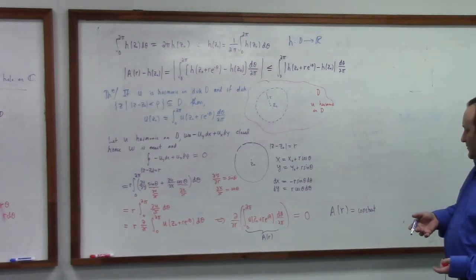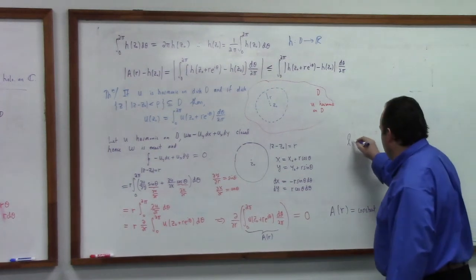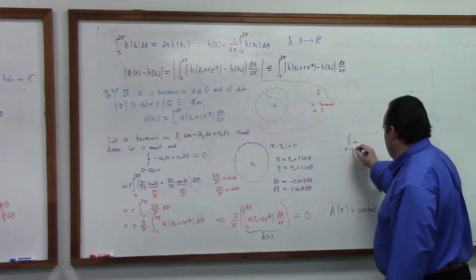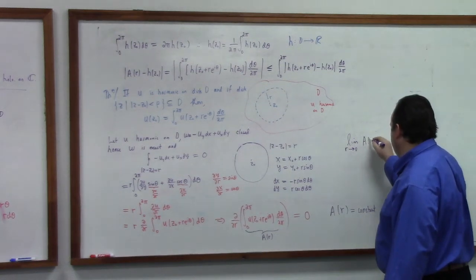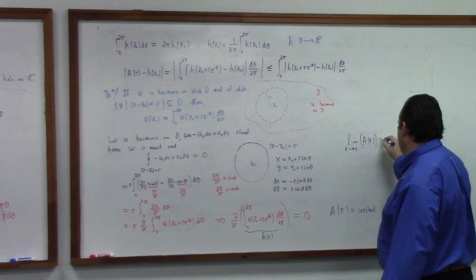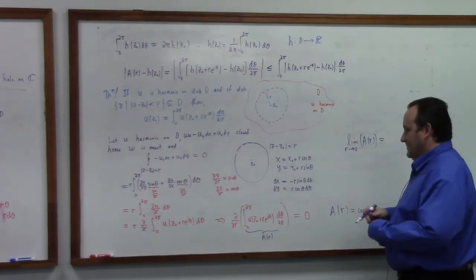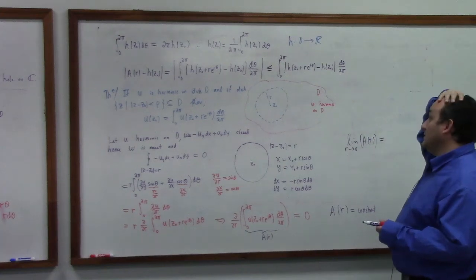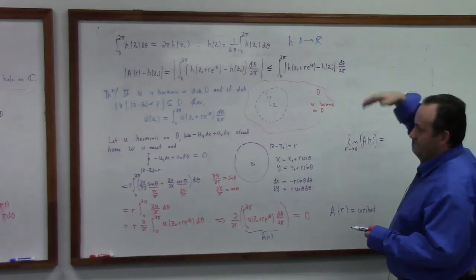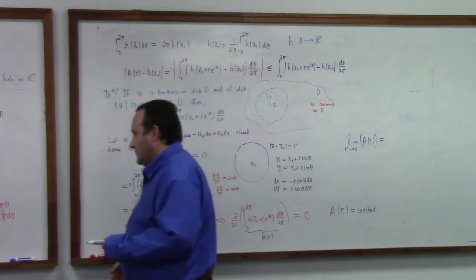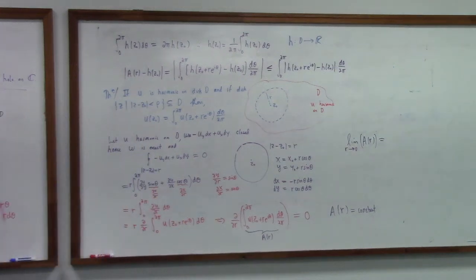But then what happens is the limit as R goes to 0, what do you get? As R goes to 0, what happens here? You just get h of z naught integrated over d theta for 2 pi.